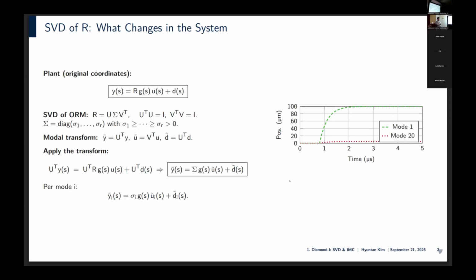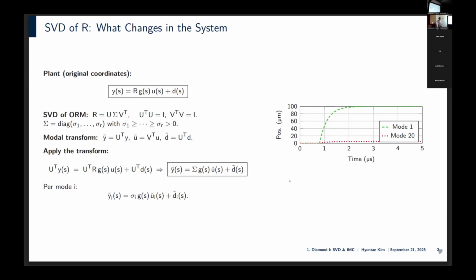You can line up the values. Then we do the modal transform as Y tilde equal to U transpose Y, U tilde as V transpose U, and D tilde as U transpose D. Applying this modal transform to the plant, we get U transpose Y equal to U transpose R G(s) U(s) plus U transpose D. Using this transform, Y tilde(s) is equal to sigma G(s) U tilde(s) plus D tilde(s).